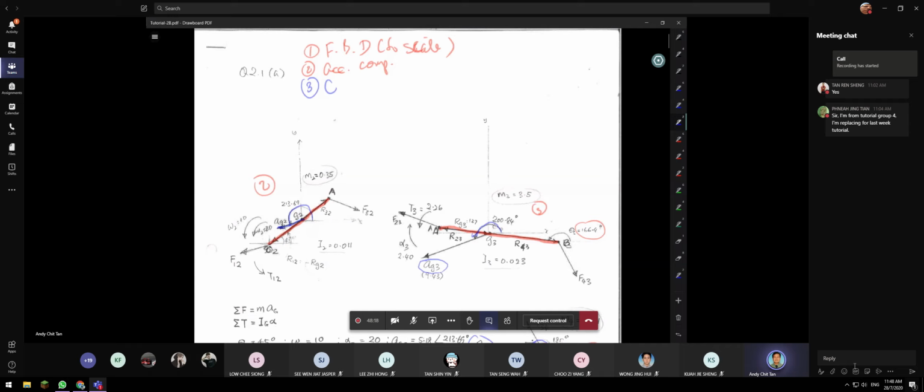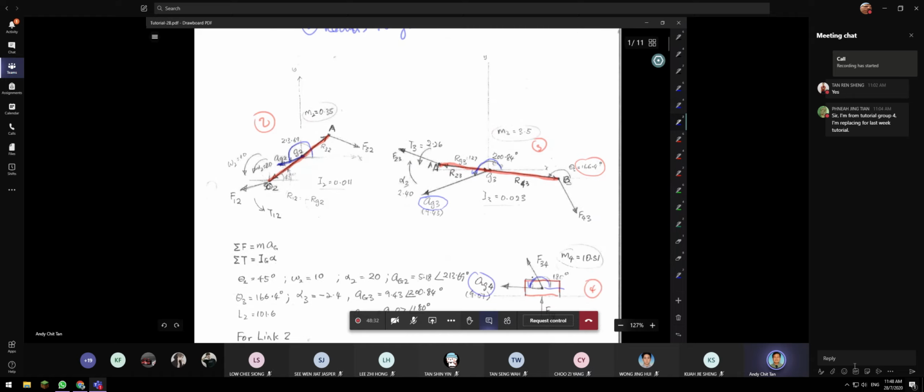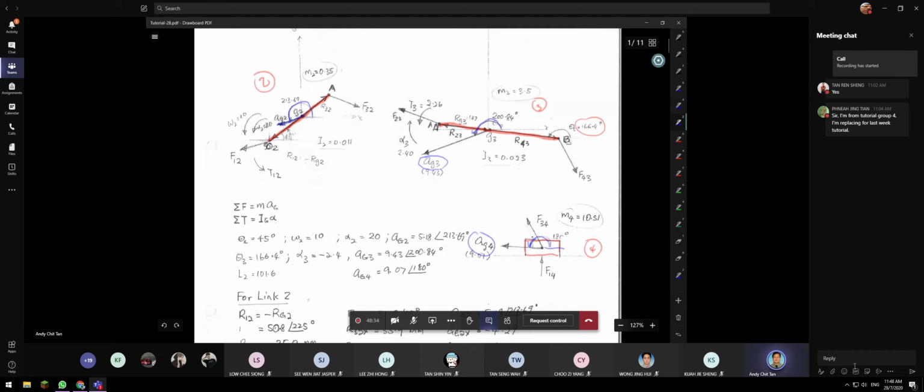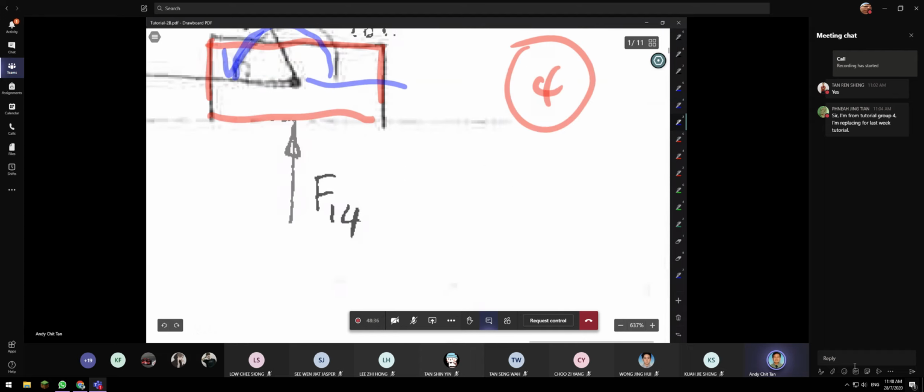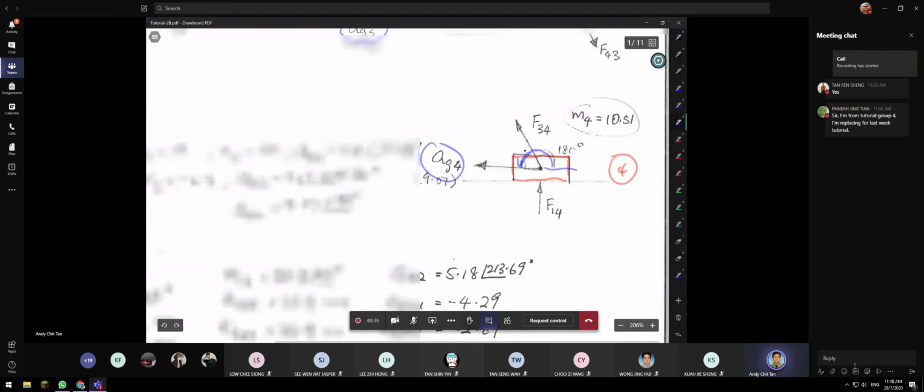Your next step is the radius to point G. For link number 4, there is no radius, so don't worry about it. Link number 4 is okay.